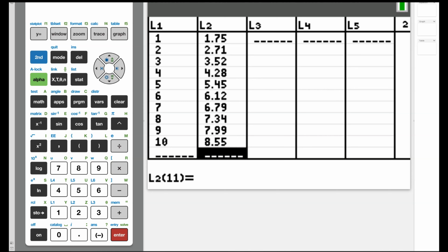All right, so your list 1 should match up with your list 2. Then you want to make sure that you've put those in correctly. So recheck your data, because if you have one thing wrong, it's going to mess up everything.